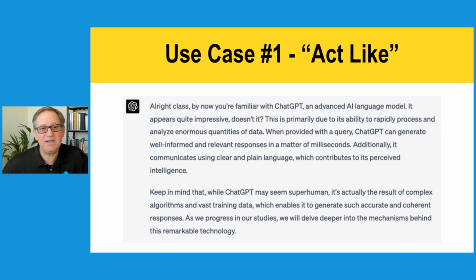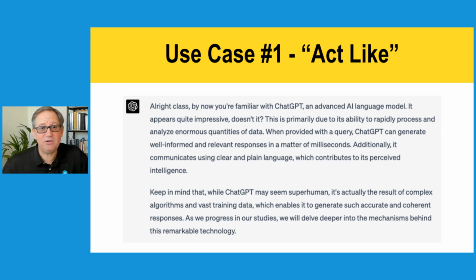So you see what it did here? I didn't say anything about its vast training data. I never used those words in my prompts, but as a computer teacher, or a computer sciences teacher is what I meant, I think it understood what I was saying. As a computer teacher, it says it's a result of complex algorithms and vast training data, which enables it to generate the results.